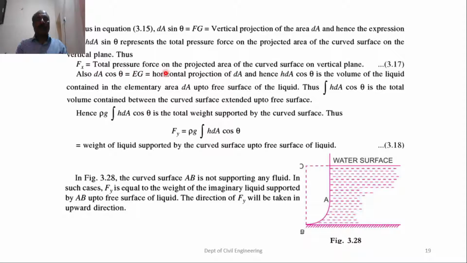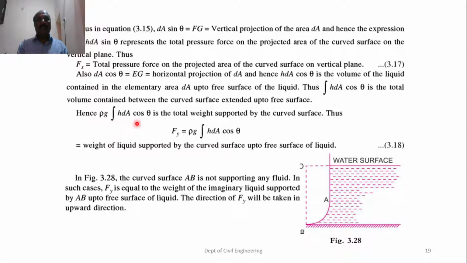Thus Fx is the total pressure force on the projected area of the curved surface on the vertical plane. Also, dA cos theta is equal to EG, the horizontal projection of dA, and hence H dA cos theta is the volume of the liquid contained by the elementary area dA up to the free surface of the liquid. Thus the integration of H dA cos theta is the total volume contained between the curved surface extended up to the free surface.